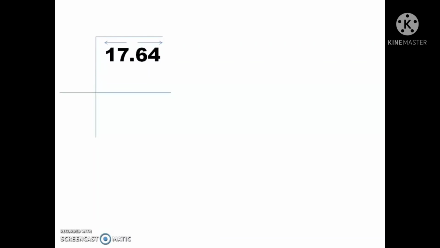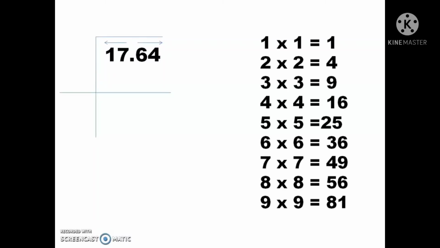What will you do? You will check the number 17. Which is the perfect square number near to 17? You know, it is 4 into 4, 16. So we will write 4 and 4. 4 into 4 is 16.